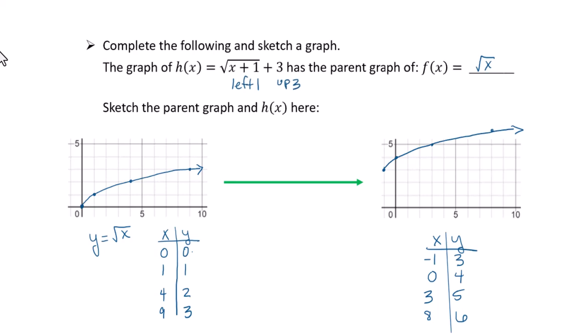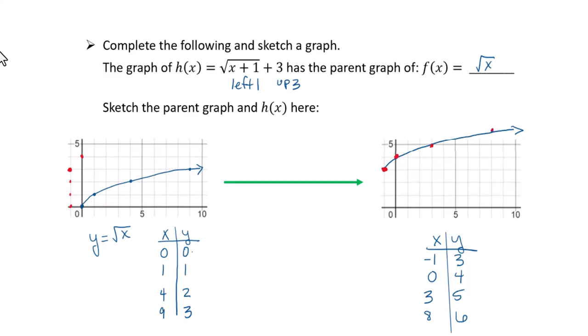You can pick this point up, move it left 1 and up 3, and that gives you this point. Take this point, move it to the left 1 and up 3, that gives you this point, and so on.